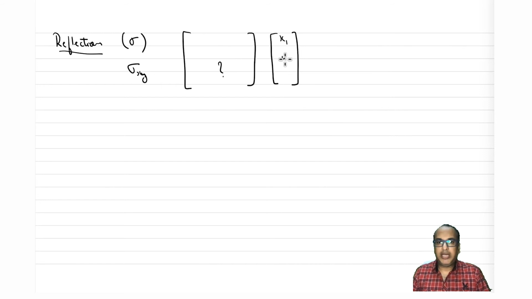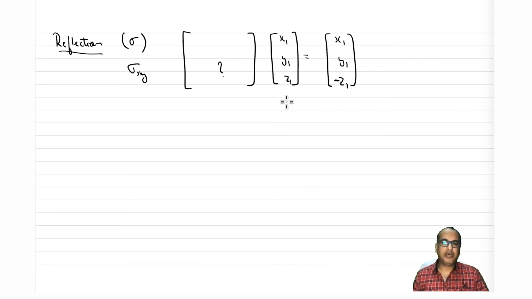So if we have x1, y1, z1, the initial point will move to, because x1 and y1 lie on sigma xy, they will not change their locations, so they will be the same. Then z1 will go to minus z1, right?